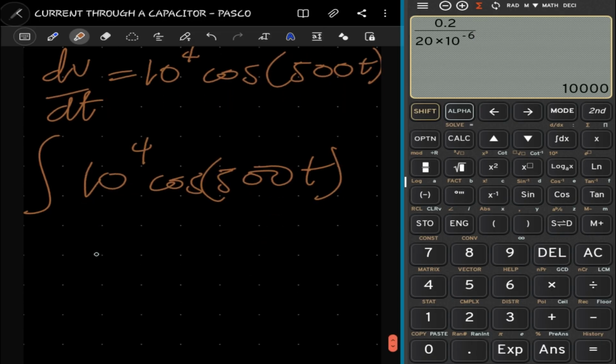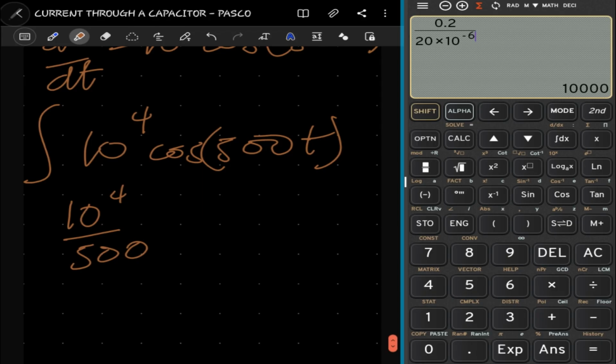So let's see, that gives us 10 to the power 4 on 500, right? This is minus, so 10 to the power, there's no minus, 10 to the power 4 on 500, and this is sine 500t plus a constant of integration, right?